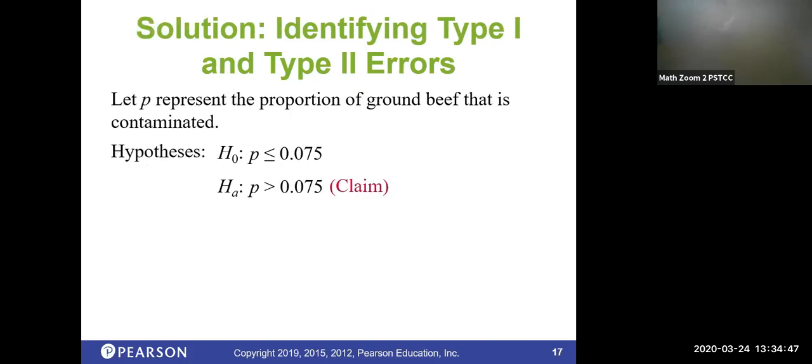So P here represents the proportion of the beef that is contaminated. They're claiming that it is above the limit, over 0.075. So the complement would be less than 0.075. Think of it this way: less than the limit is good, over the limit is bad.